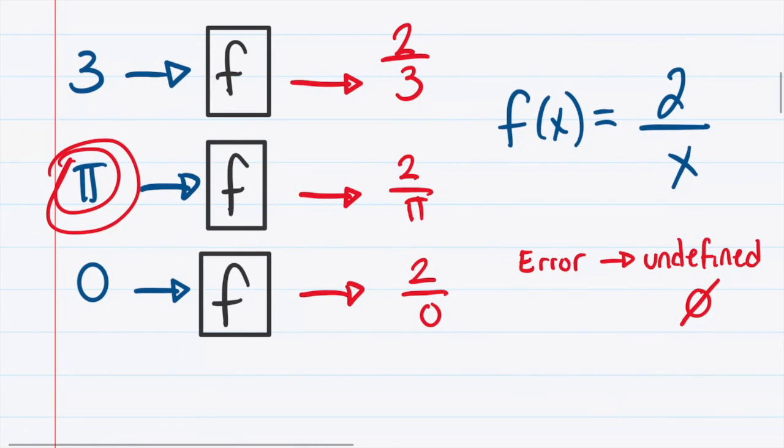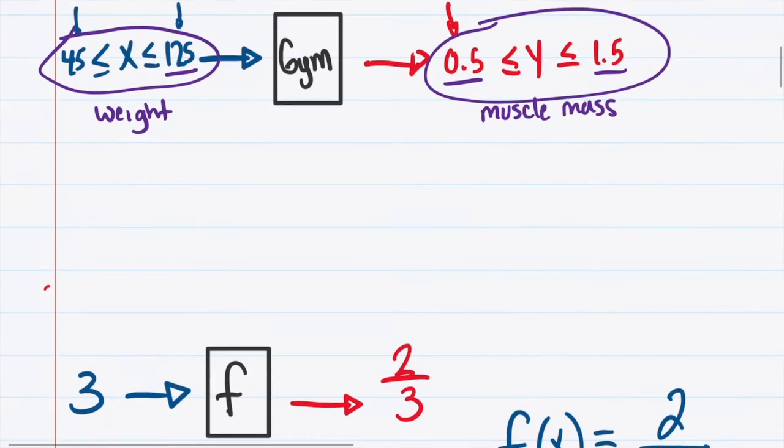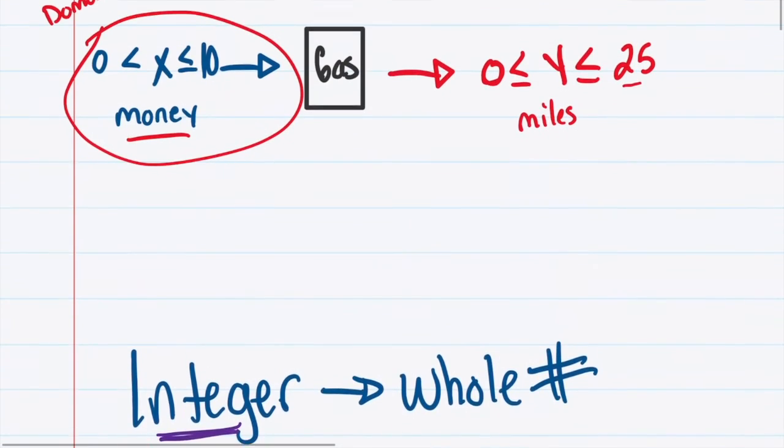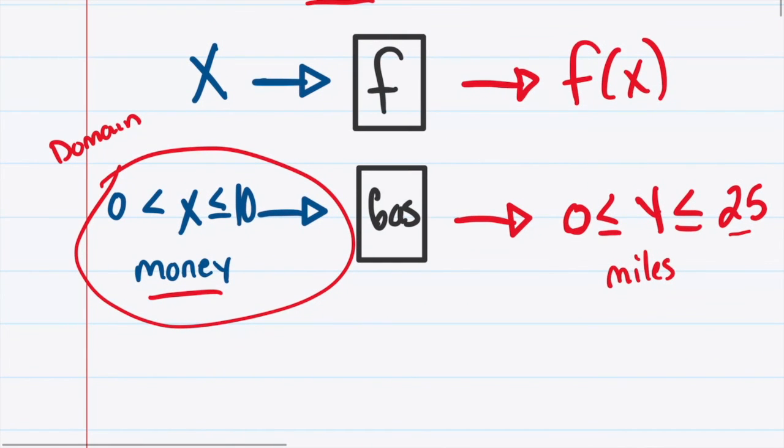This is why it's important to understand what your parameters are. Going back to the gym, the weight you're giving has to be a positive amount, because you cannot lift negative 5 pounds. When you go to the gas station, you cannot take money away from the gas station. You can do that at an ATM, but not at a gas station.